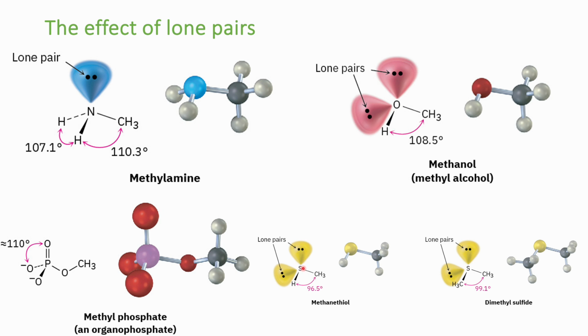Same thing here with this methanethiol compound. The bond angles are really tiny at 96.5 compared to 109.5, again with this dimethyl sulfide. So there are many examples that you can look at here.